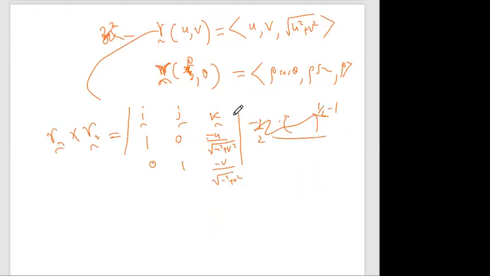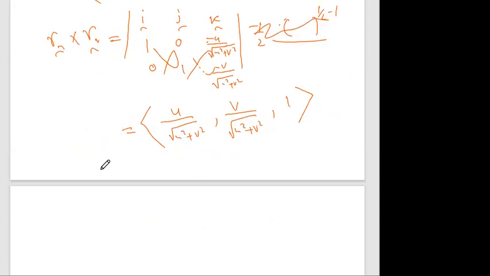So when you simplify this, this one times that, plus u squared plus v squared. J, this one, so v, u squared plus v squared. Another one.